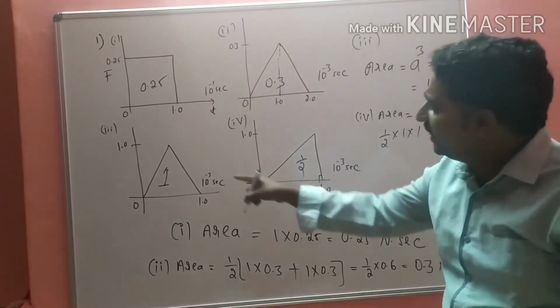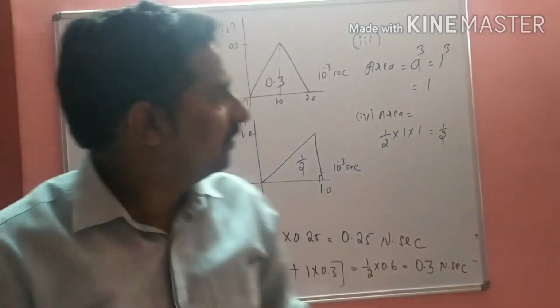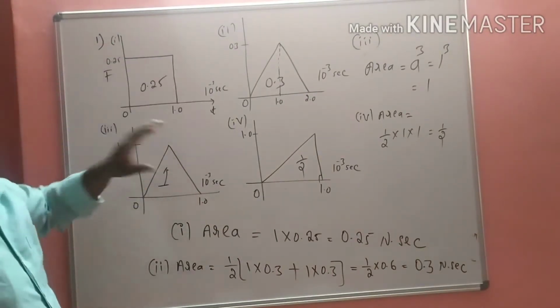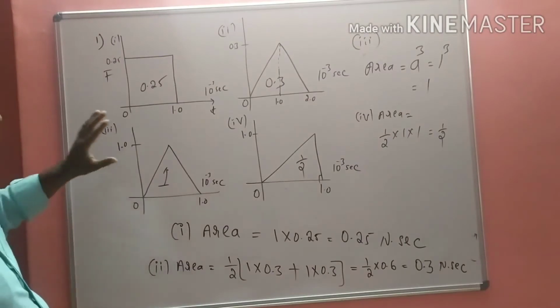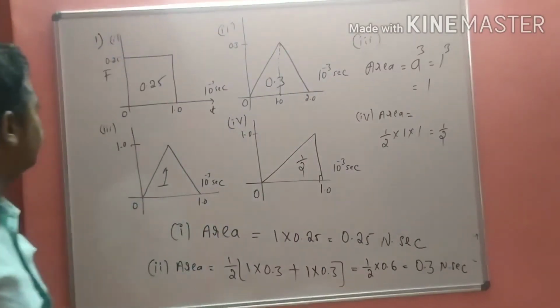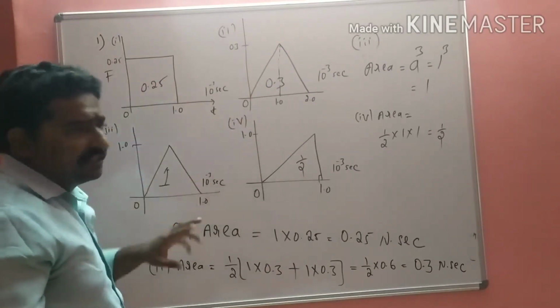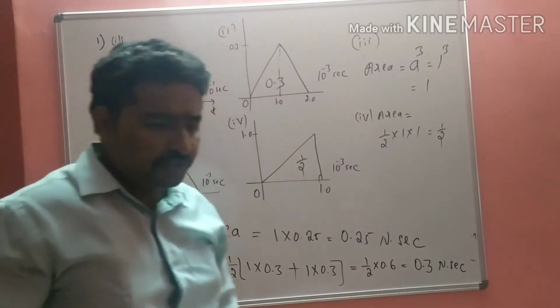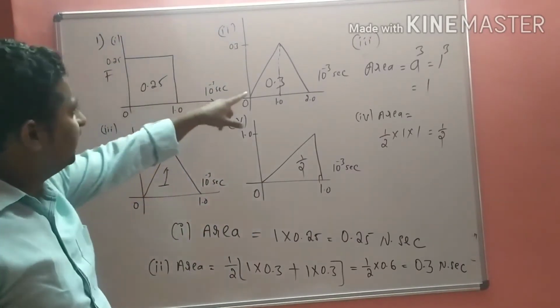So which is the highest impulsive force? Look at these four graphs. In these four graphs, which has the highest impulse? Is it 0.25, 0.3? In the options, the first option is 1, 2. Is 1, 2 highest?